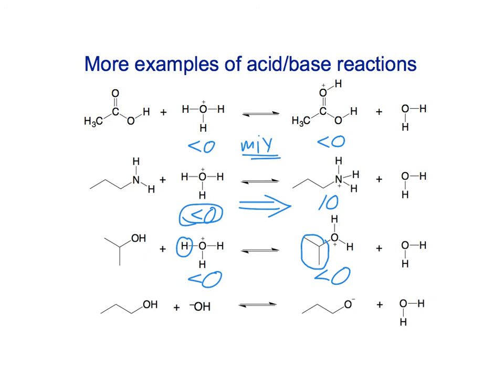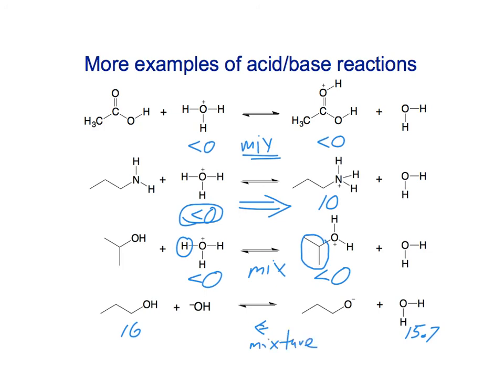So these pKa values are going to be similar. Again, we'd have a mix here. The acid on the left, the alcohol, is around 16. The acid on the right is water, 15.7, so it might lie just a little bit back to the left, but it would likely be a mixture as well.